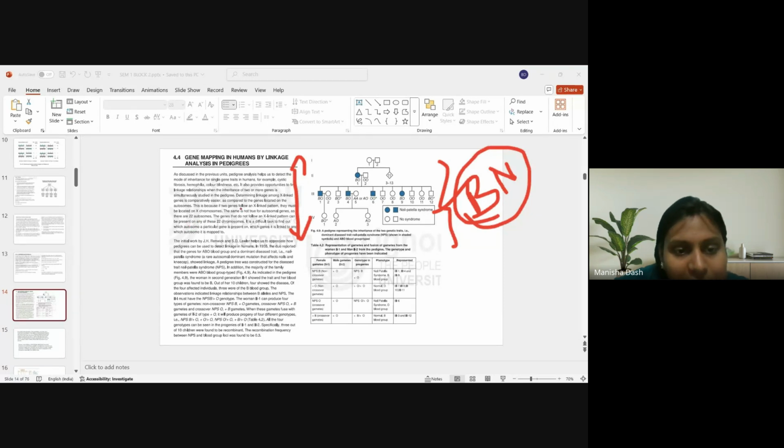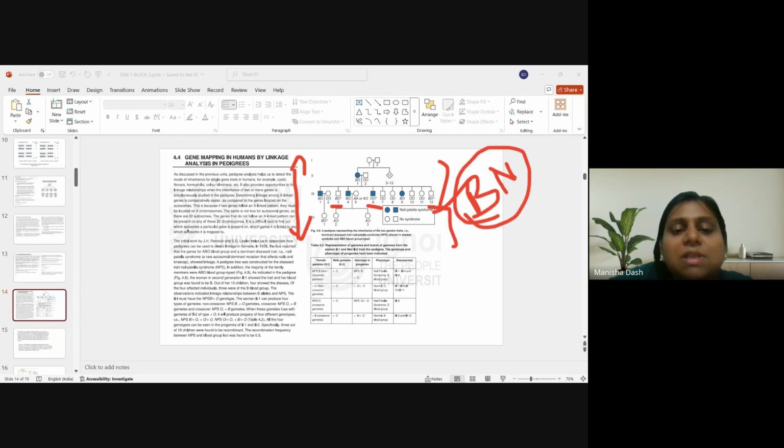Now, if you analyze three generations of a particular family, sometimes there will be exceptions: individual number 3, individual number 6 and individual number 12. What exception are you observing? In the first case, the individual has blood group B, but does not have nail patella syndrome, which is represented by the colored boxes.